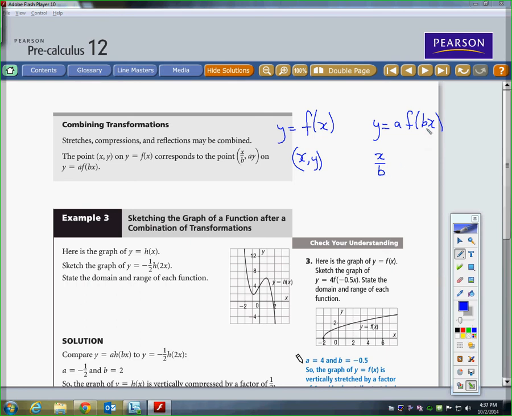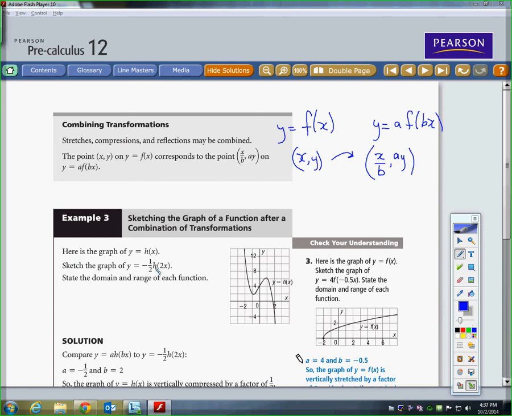In our previous example, b was 0.5, so it gets multiplied by 2. Now my y value is easier, it just gets multiplied by a, so you get a times y. So on the original graph, x comma y, the corresponding point would be x over b comma ay.